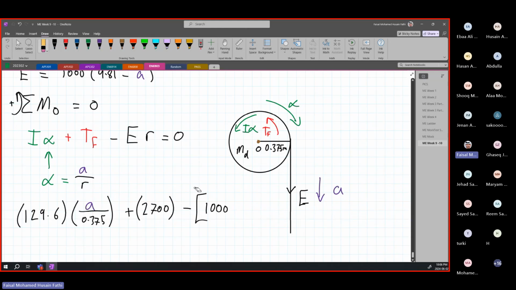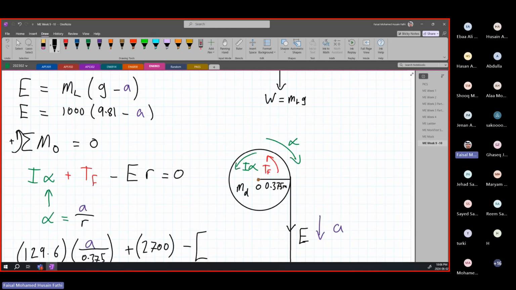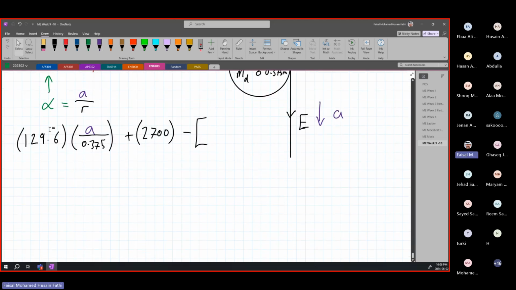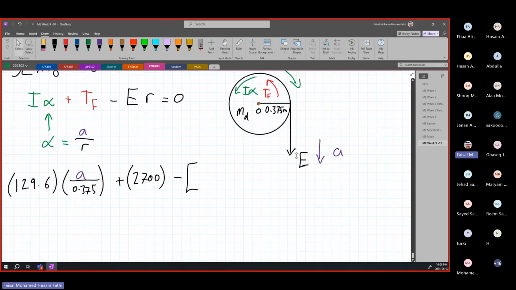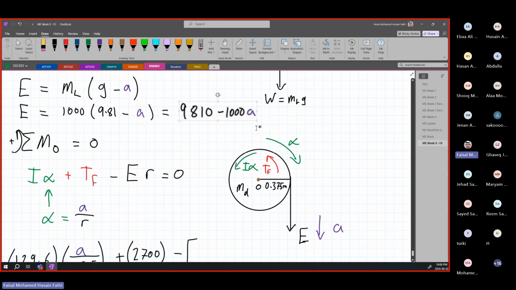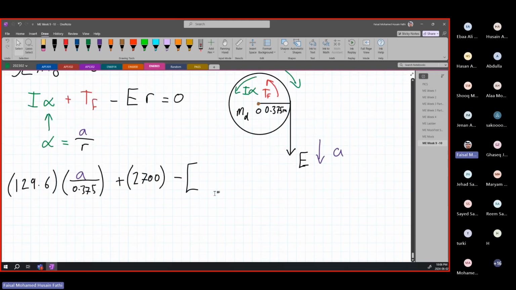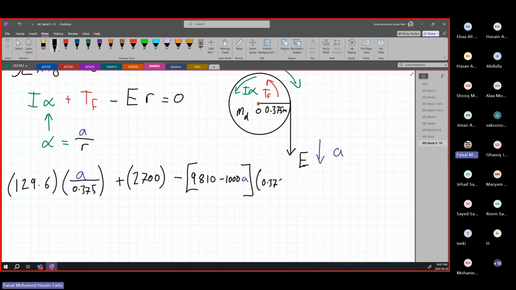Actually, let me simplify it from the beginning here so that I can just write it in simpler terms. If we distribute, we have 9810 minus 1000 A. Okay, so over here, we are going to have the same thing, which is our E value, 9,810 minus 1000 A, all right, times the radius that we have, which is 0.375 meters.